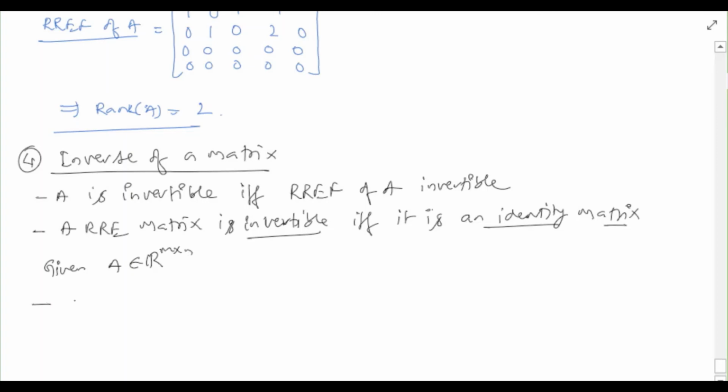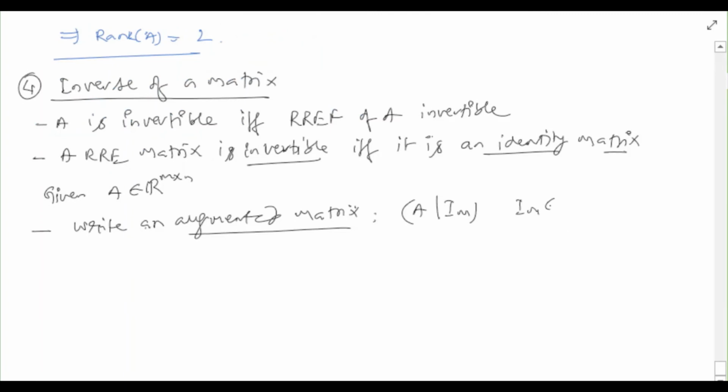We first write an augmented matrix A I_M, where I_M is the M cross M identity matrix. Then we convert A I_M to reduced row echelon form.